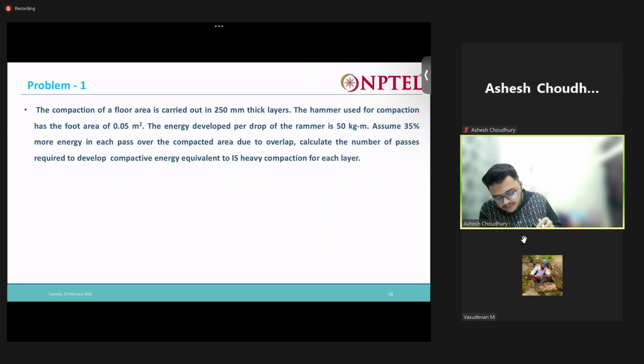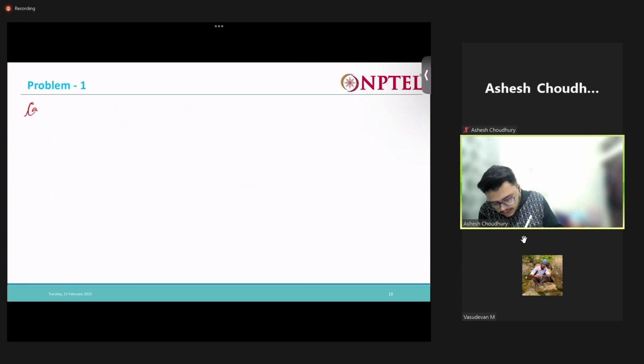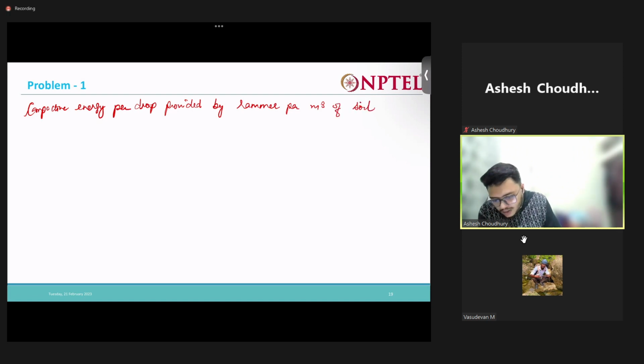Now let us calculate the compactive energy per drop provided by the rammer per meter cube of soil. The rammer that we are using, let us see how much energy per drop it actually provides.